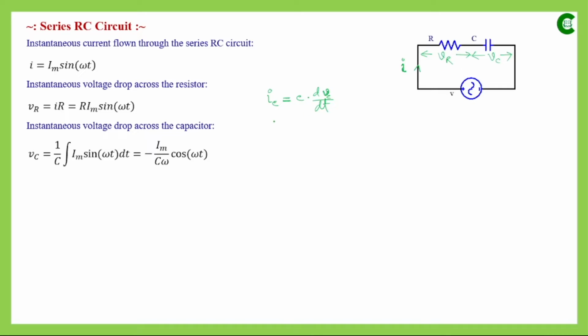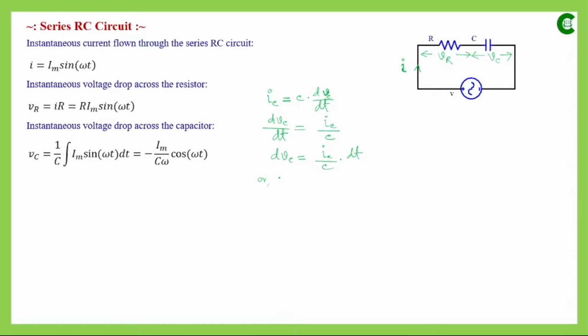Now from this relationship, if we want to find the voltage drop across the capacitor, it can be done this way. The current value first will be divided by the capacitance C, then dVC will be written as iC by C, and then multiplied by dt.